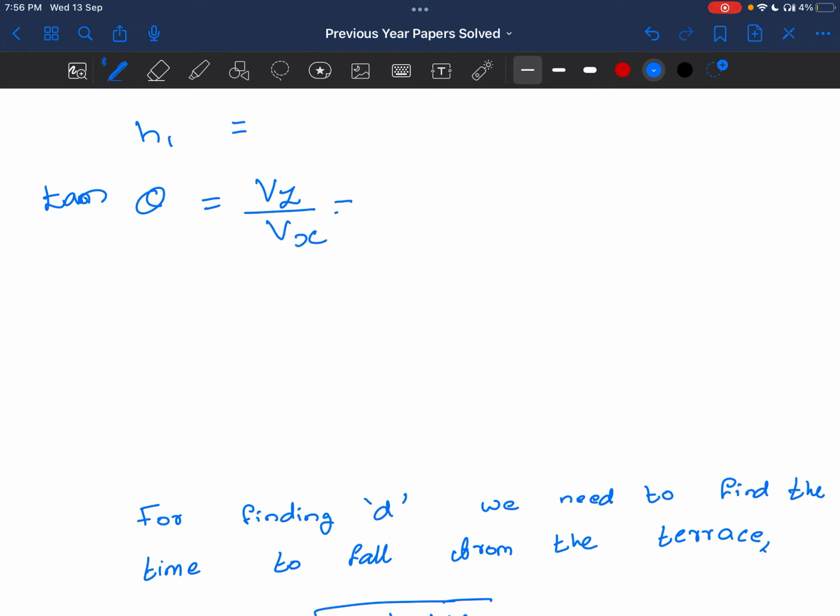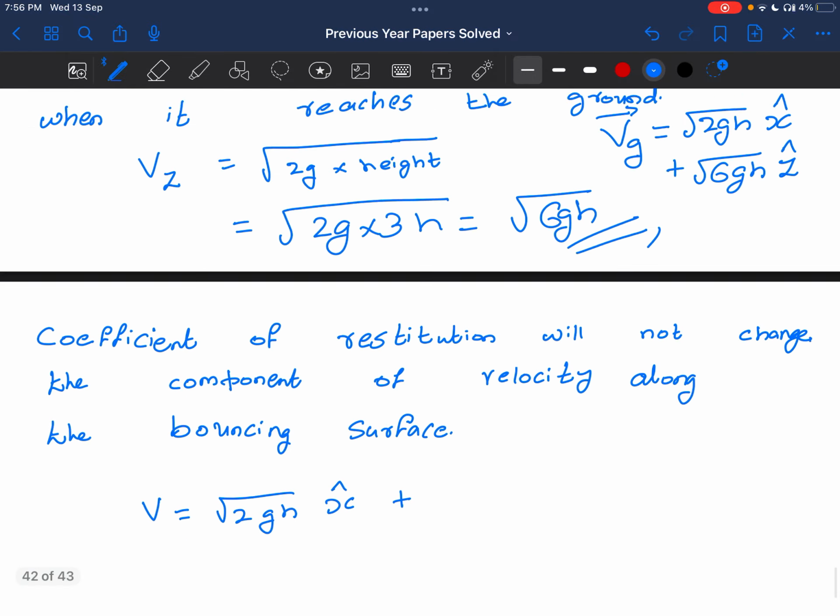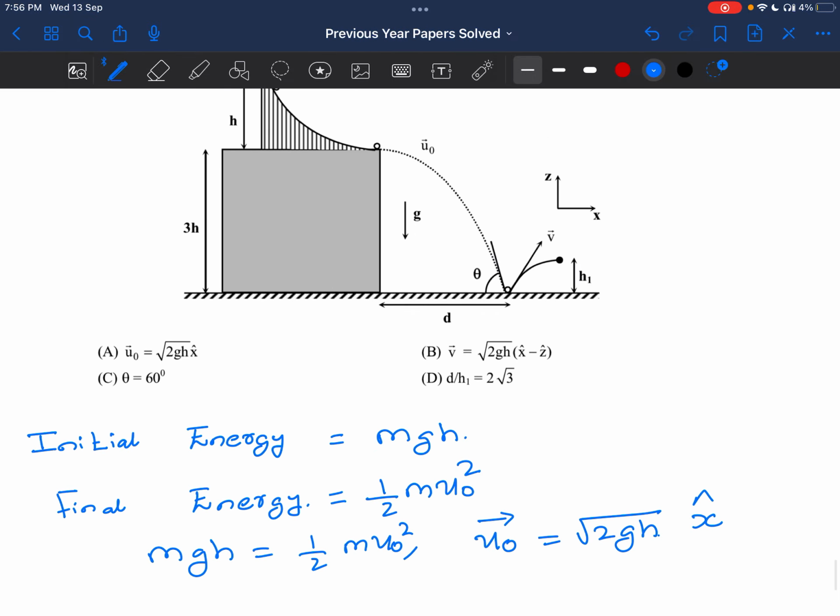That is the vertical component of velocity by the horizontal component, and it is root 6gh by root 2gh, that is root 3. So theta is tan inverse root 3, which is 60 degree or pi by 3 radian. So option C is correct.